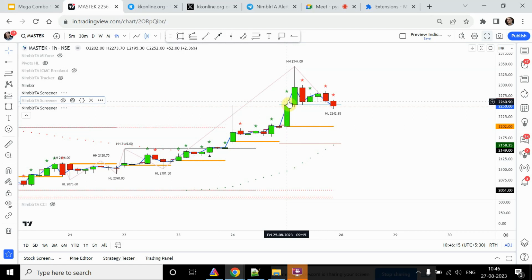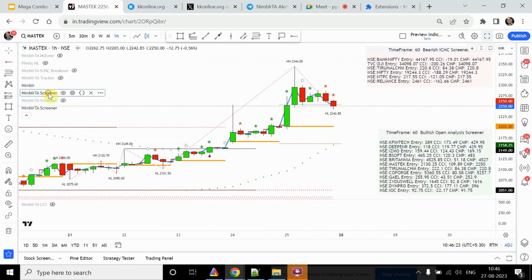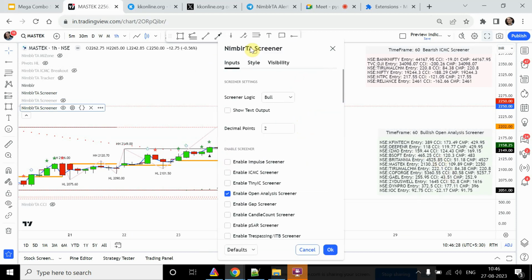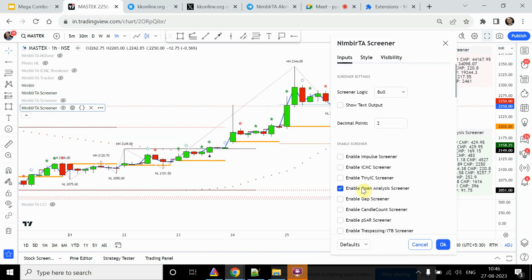So it tells us it has been in a bullish sentiment when it opened and it moved on the upside. Open analysis obviously must be done at the open of the day, because that gives us a better view when the stocks are opening at 9:15.